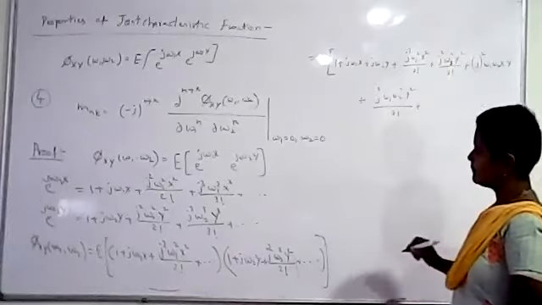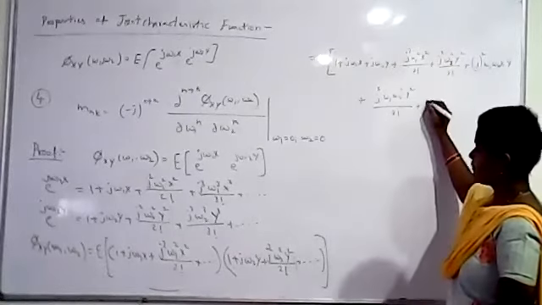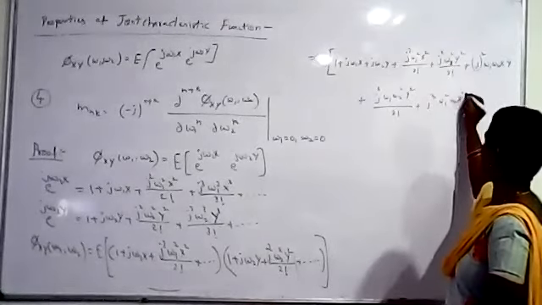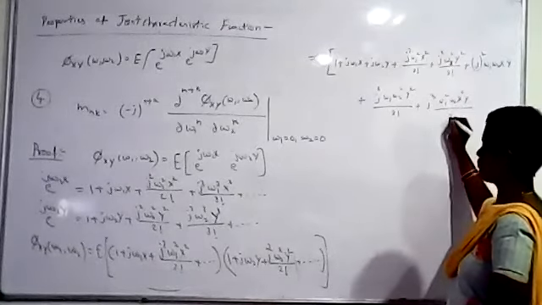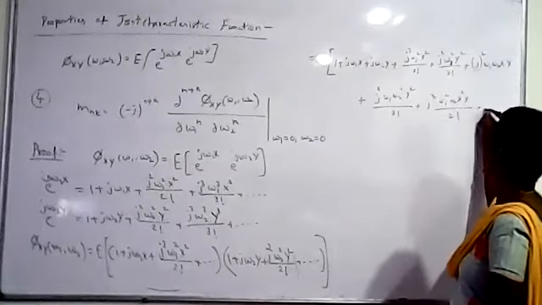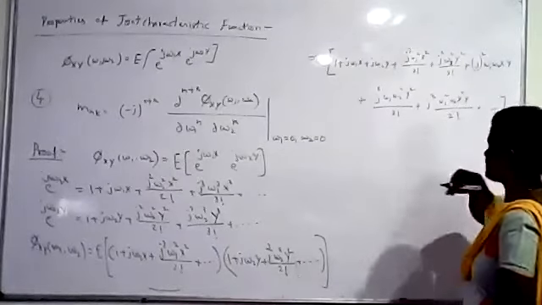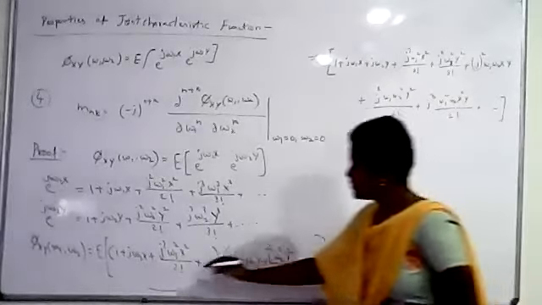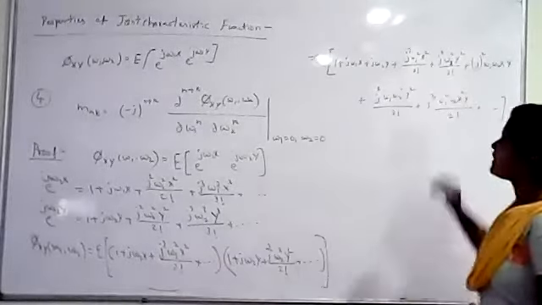Similarly you get j cube omega 1 square omega 2 x square y by 2 factorial plus so on. So we are just multiplying these two terms, and if you multiply these two, we will get like this.